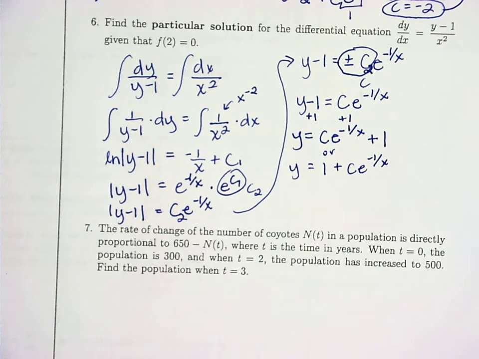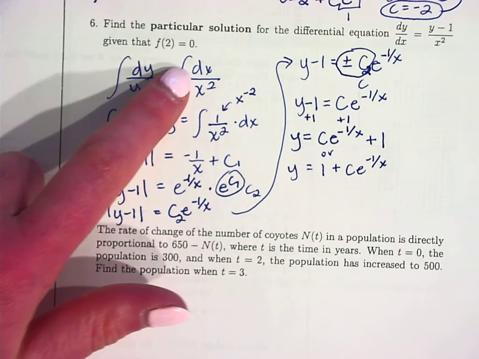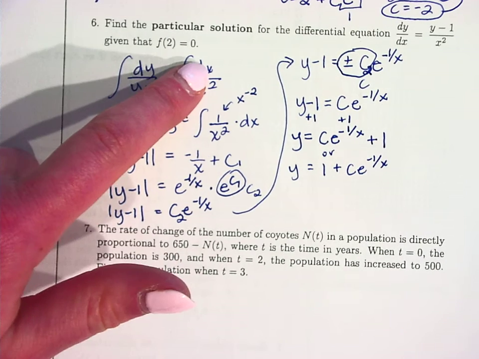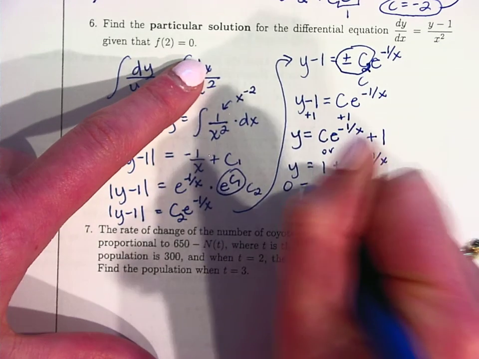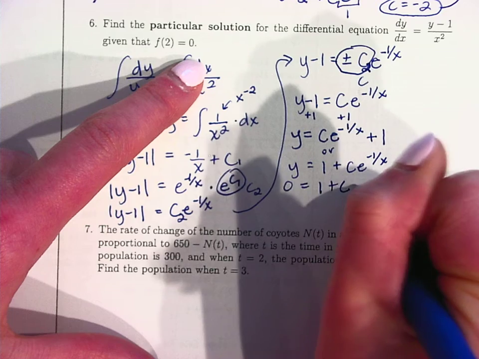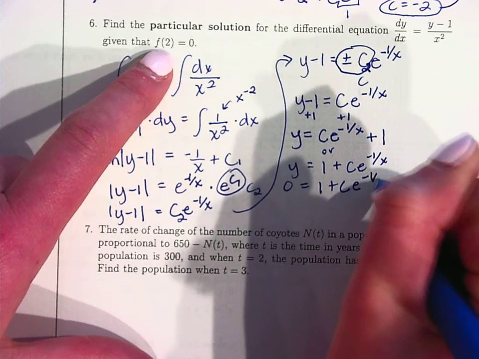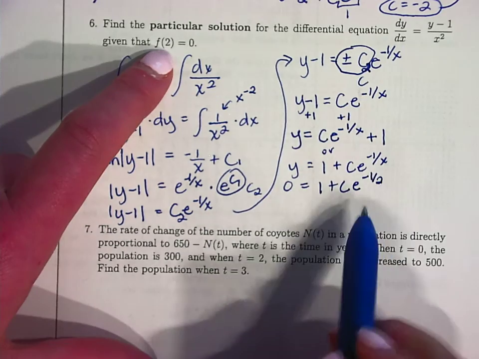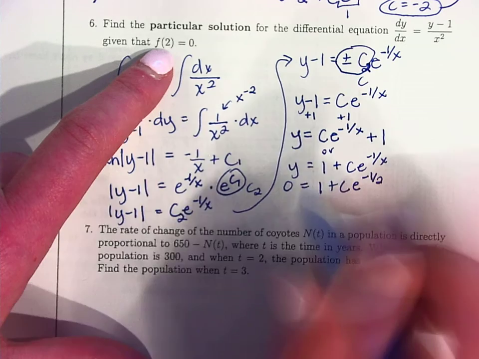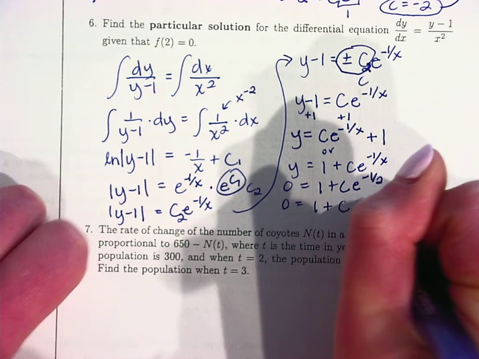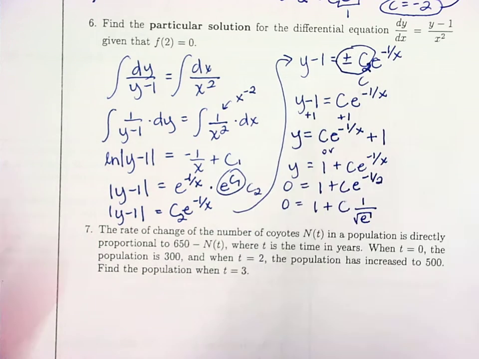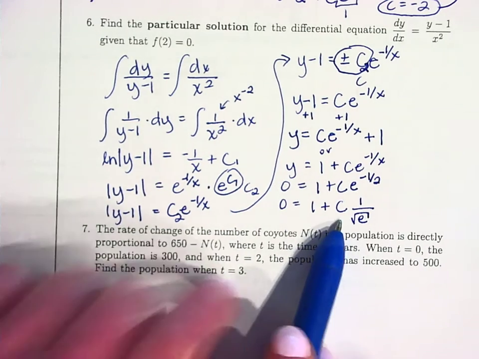Either one works for your general solution. Then use your initial condition that f of 2 equals 0. So plug 0 in for y. So 0 equals 1 plus c e to the negative 1 over 2. E to the negative 1/2 is the same thing as 1 over the square root of e. Okay, looks a little funny, but I'm still trying to find out what c is.